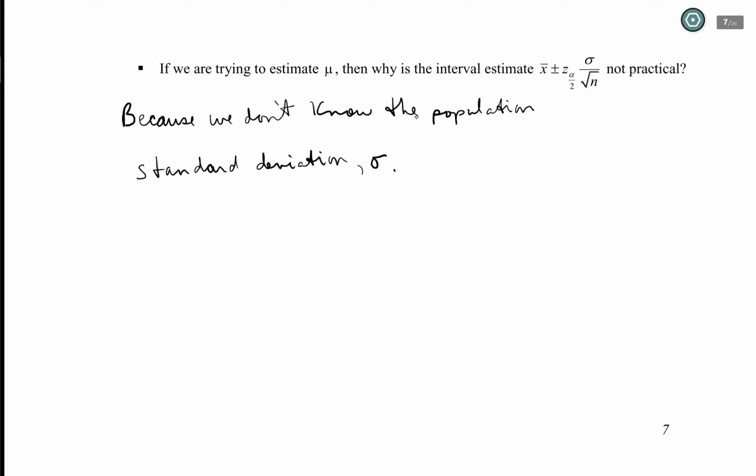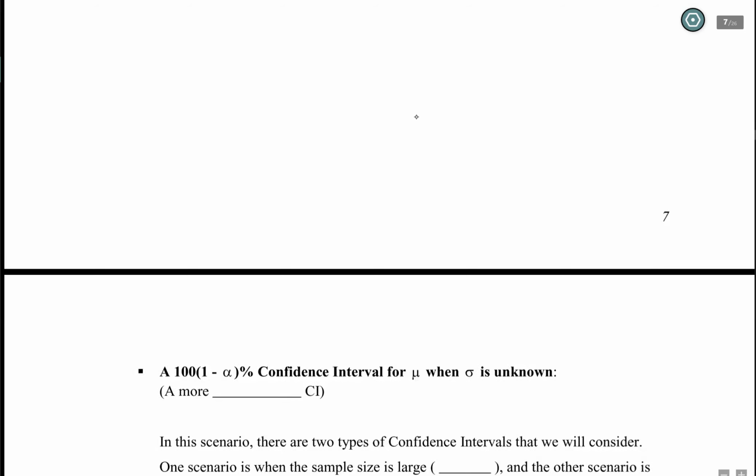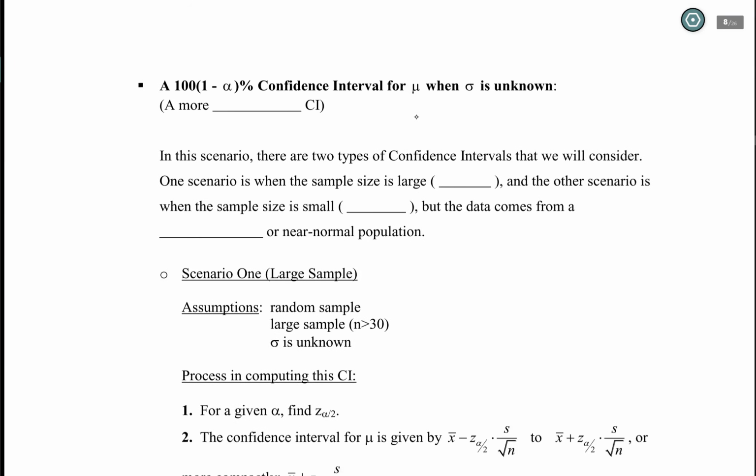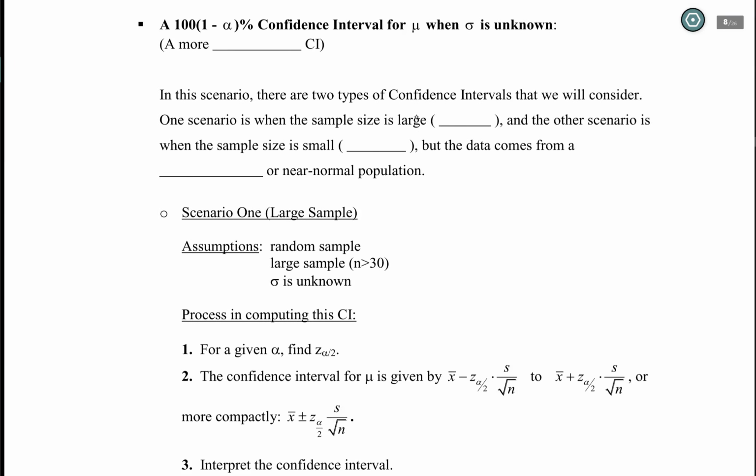Now it does have its purpose in that it is a starting point to build a practical interval, but by itself, to write sigma out here and to assume that we know sigma, that's not practical. Okay. All right, so what that does for us is that moves us to the more practical setting of a confidence interval for mu when sigma is unknown. Okay, so we're going to pick up here next.